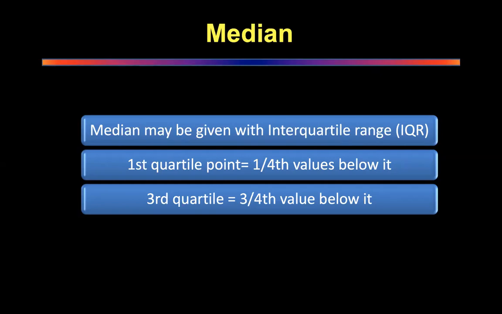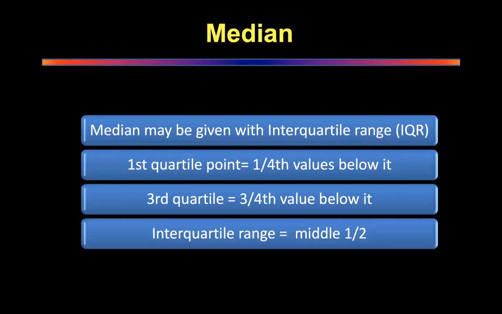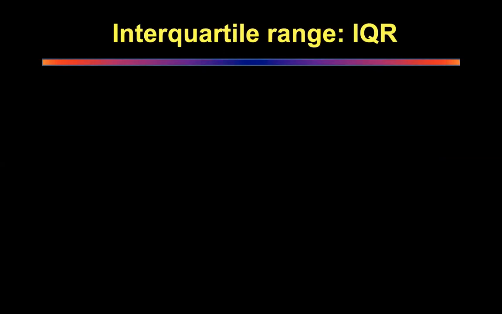This is the way median is represented in statistics. And interquartile is the middle half, where half the values are above and half the values are below it. So how does this get represented in statistics?